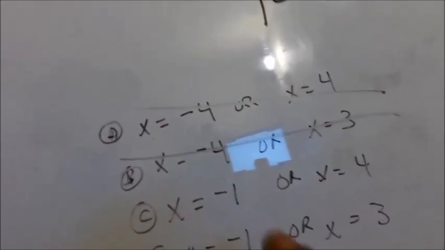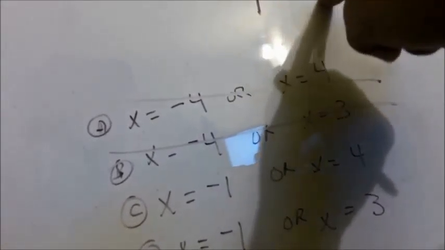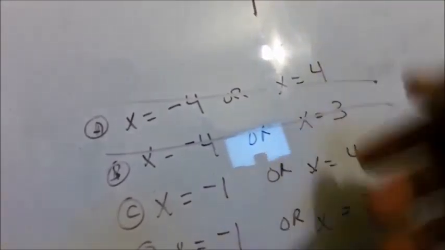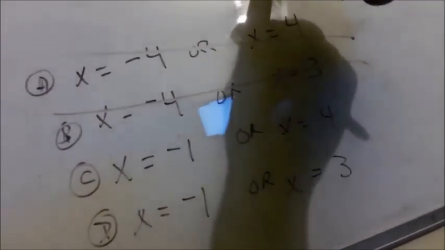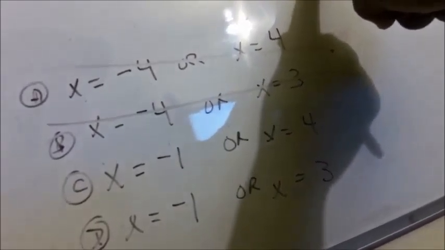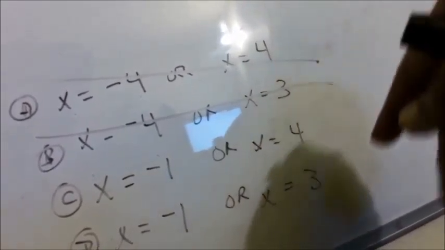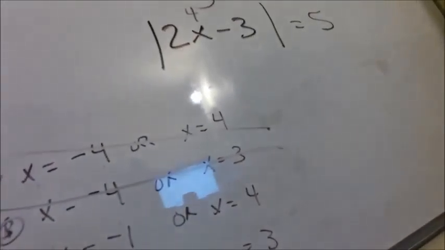You wouldn't even have to go to the other option, though you could if you wanted to; I did this in my head. Negative 1 times 2 is negative 2. That works, but when we plug in the 3 in answer D, 3 times 2 is 6, and if we subtract 3, it will be 3, and the absolute value of 3 does not equal 5.